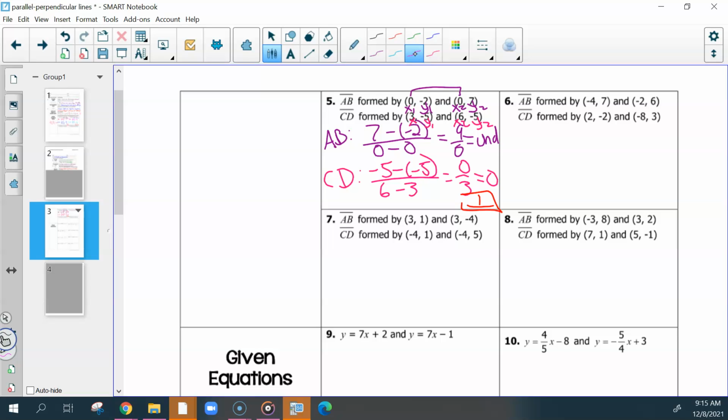And in our second one, we have the same y's, and they would cancel out in our numerator and be 0. What if I got 2 that were both undefined? Then they'd be parallel. Same thing with 0. If they were both a slope of 0, then they would still be parallel.